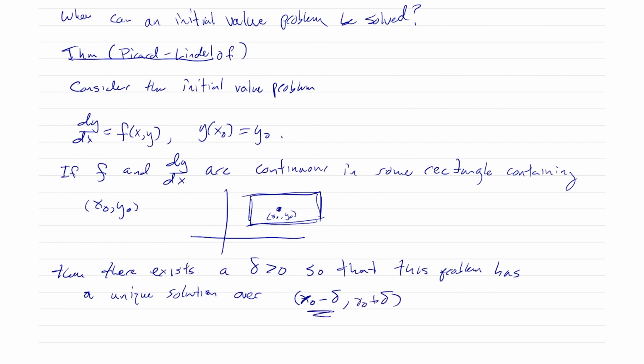So we can go a little bit backwards in time, and we can go a little bit forwards in time, and that's all we know. So basically, it tells us that if we start here, we can go for some small segment, and that's all we know, and then we'd have to reevaluate when we get over here.